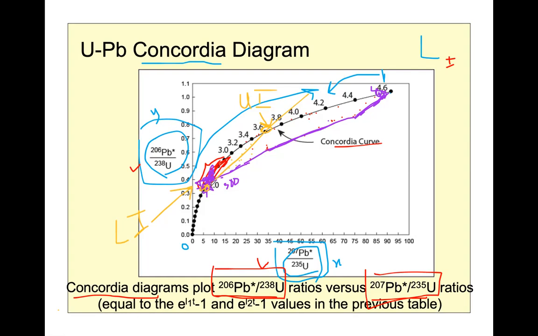So the point which hits the lower intercepts gives you the most recent date for that particular process. For example, our Sri Lankan zircons show some concordant edges as well as discordant distribution like this. So we have constructed a line like this, and it hits the Concordia curve around 550. So what does it mean?